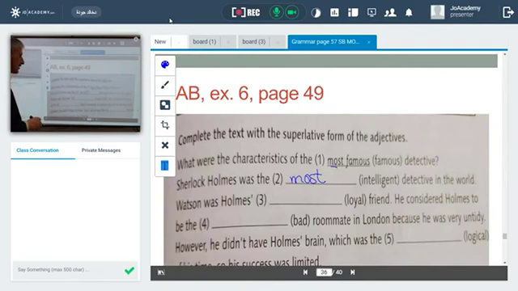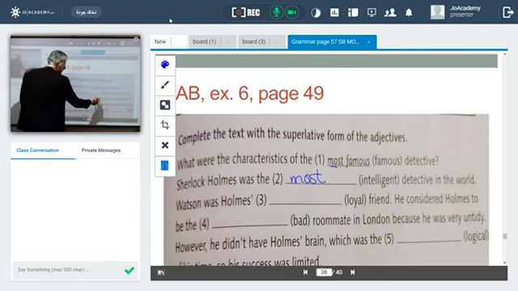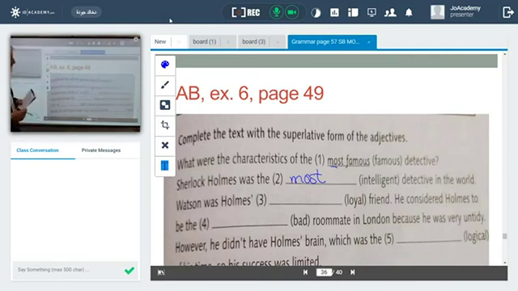Watson was Holmes' what? Loyal friend. So what do you think here? There is no "the". What do you think? Loyal. What's the meaning of loyal? Do you know what's the meaning of loyal?